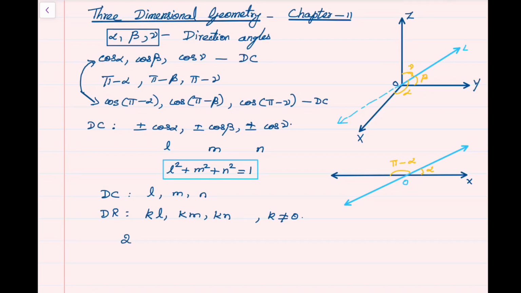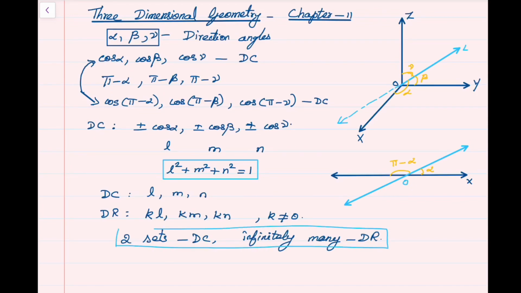Therefore, for a line we have two sets of direction cosines and infinitely many sets of direction ratios. Whereas a vector has only one direction, therefore it has only one set of DCs and one set of DRs.